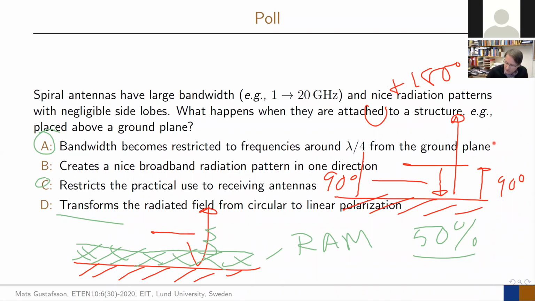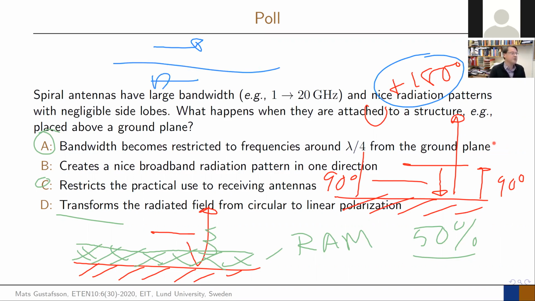And the reason or interpretation for why you get another 180 degrees there, think about the image currents. When you made the image currents over the ground plane, you have to shift the direction of the currents. And that shift is a 180 degrees phase shift. So that is what's happening there.